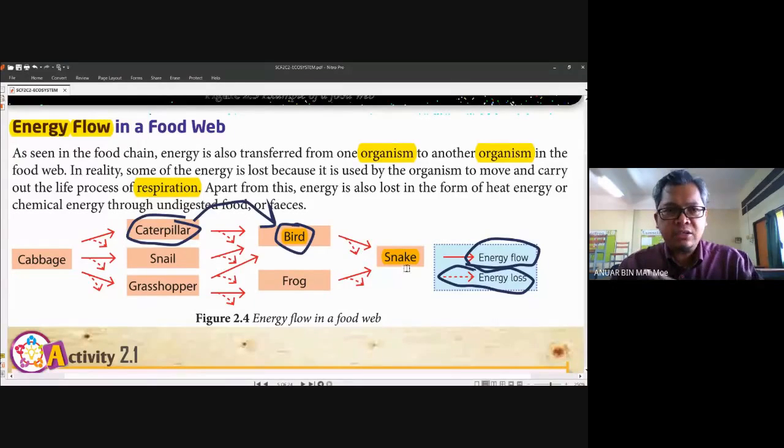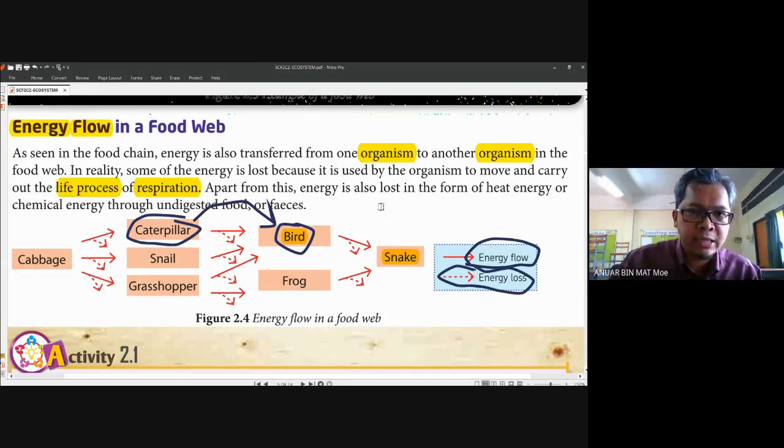Okay, the energy that comes from the cabbage and then goes to the primary consumer, then the secondary, and then the tertiary consumer, the energy is not the same. There will be a loss of energy. Lost by what? Respiration, life process.